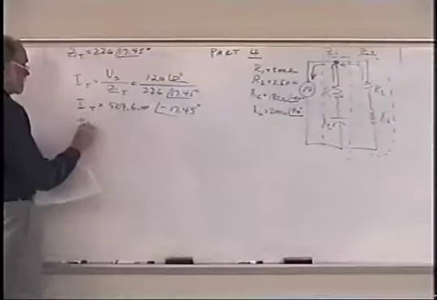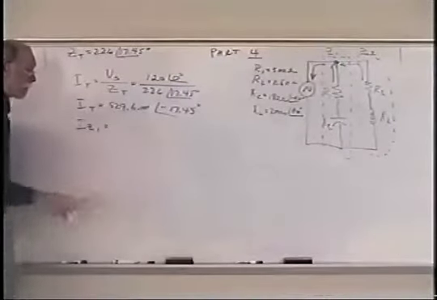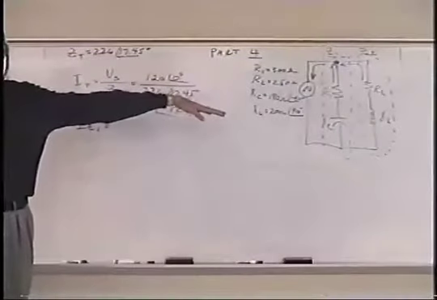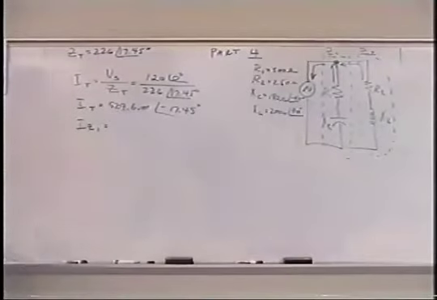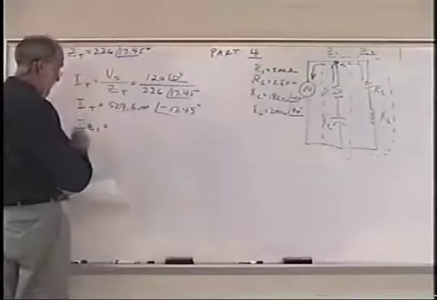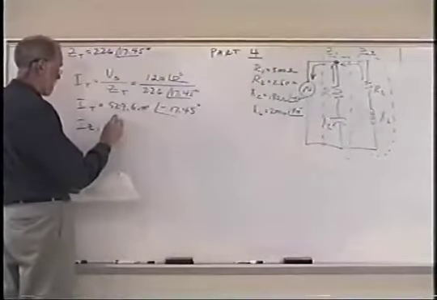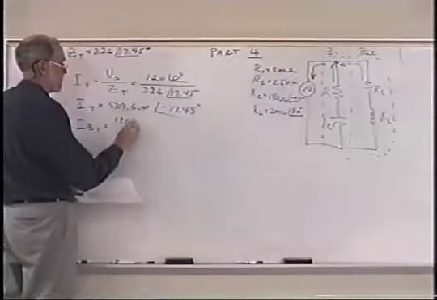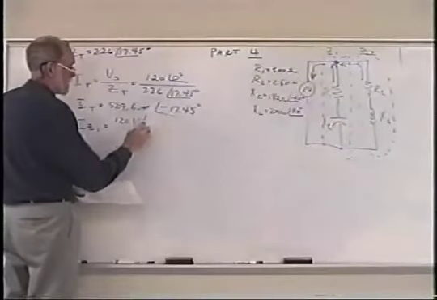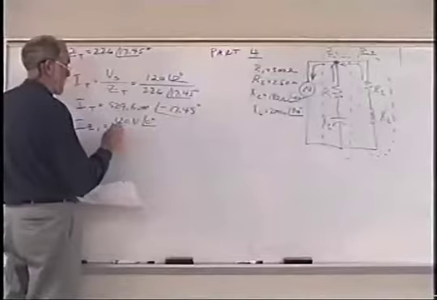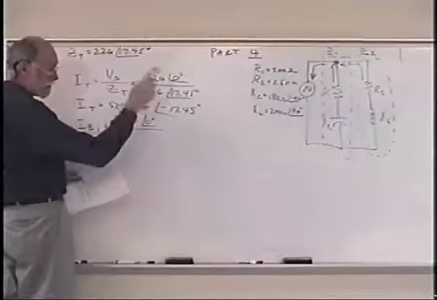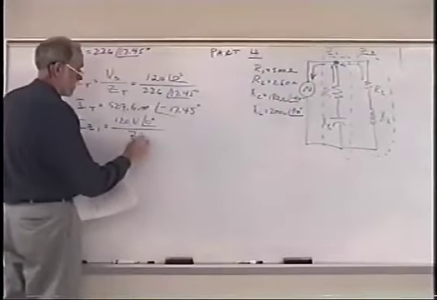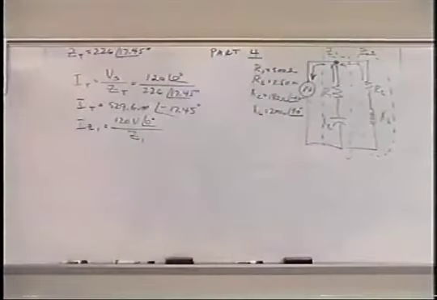IZ1. The voltage across the parallel impedance branches is the same because they're in parallel. So IZ1 would be 120 volts at an angle of 0 divided by Z1, V divided by Z1. Okay?